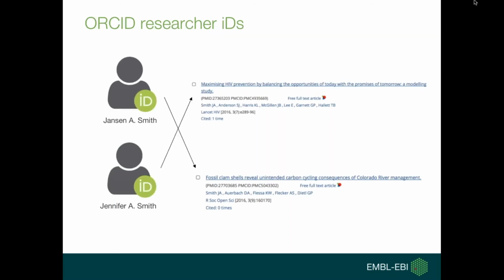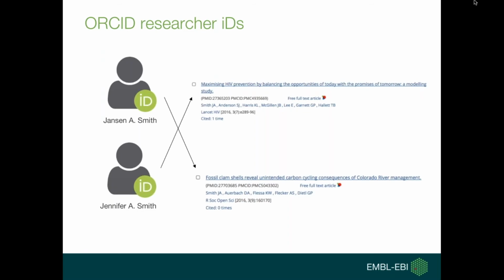So an ID allows you to assign a unique string of numbers to each researcher and thereby differentiate one Smith J from another Smith J. And in Europe PMC, we're integrated with one type of researcher ID that is issued by the ORCID organization. These are free to anyone to sign up and use.